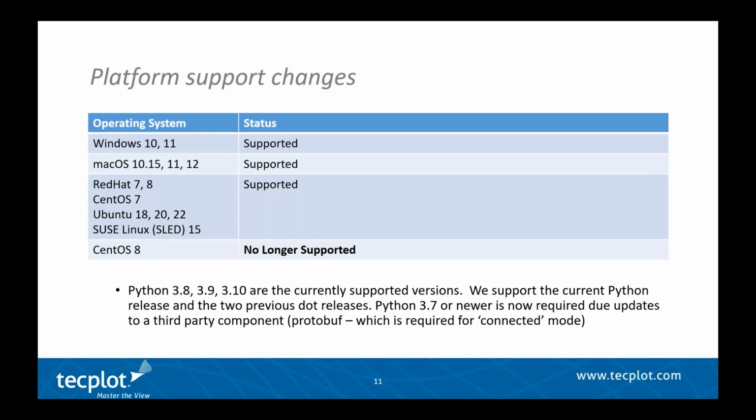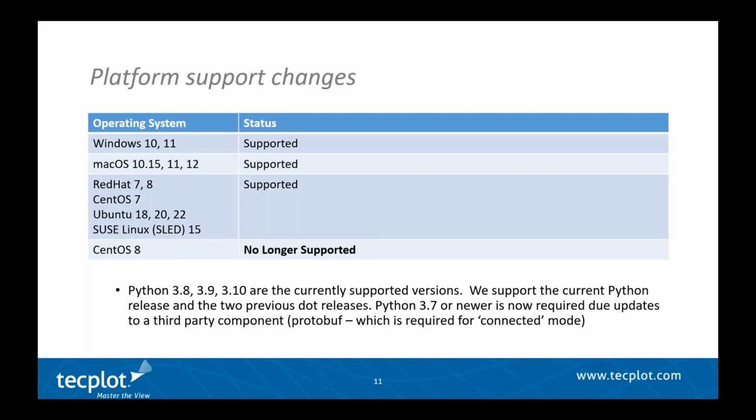We've seen people run Tecplot 360 on Amazon Linux as well. So these are the platforms that we officially support and test on. Tecplot 360 may work on other platforms as well, but it's going to be more difficult for us to support you on those.